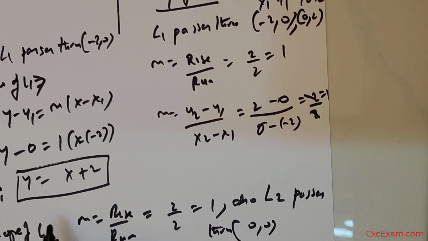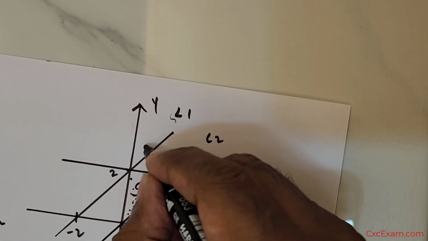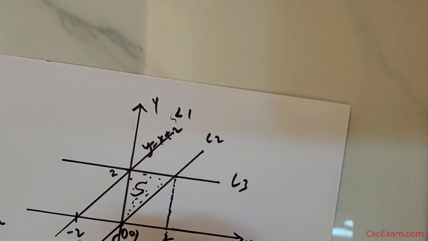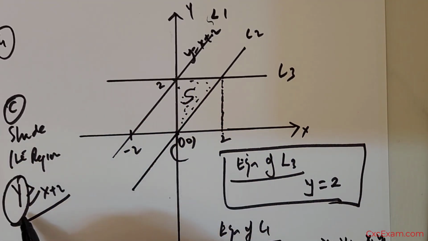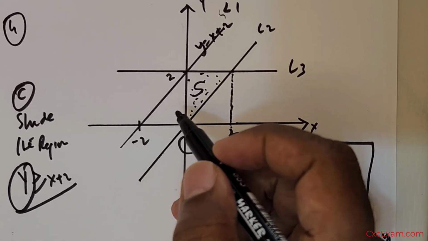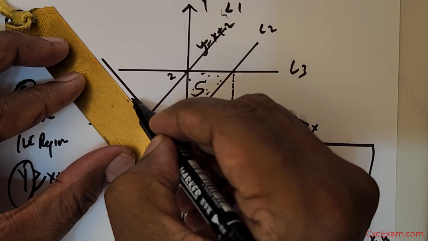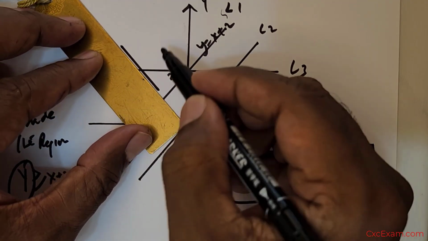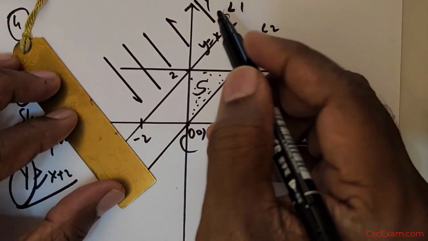Now you see, this is the equation of L1, so y is equal to x positive 2. So all values of y which are greater than or equal to x positive 2 will lie on this end. Okay, so that will be the solution.